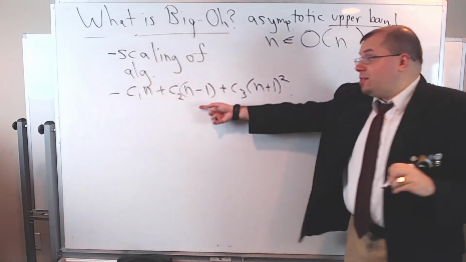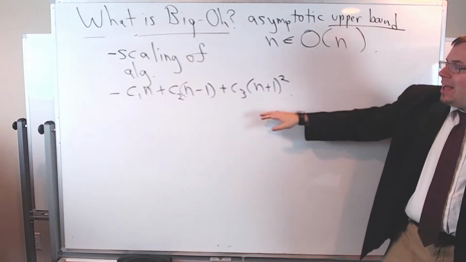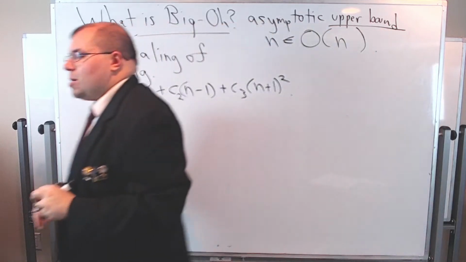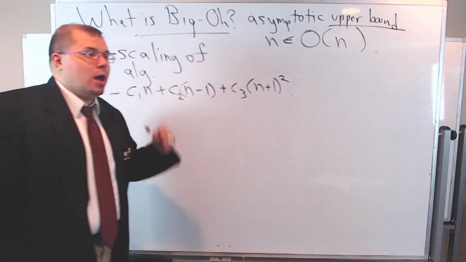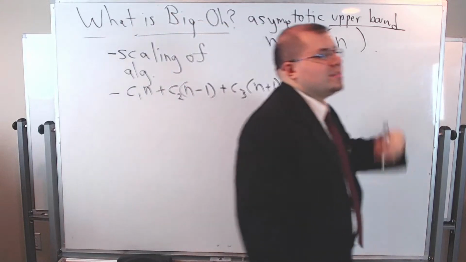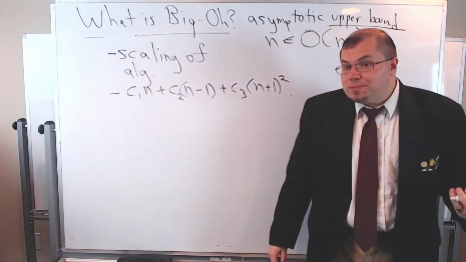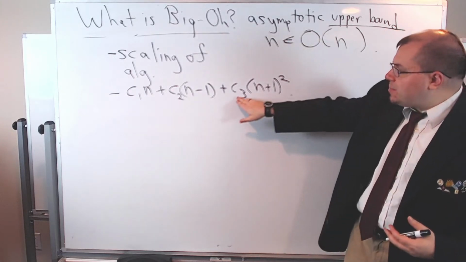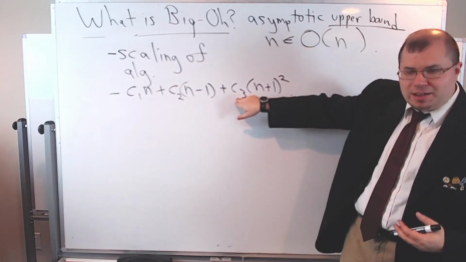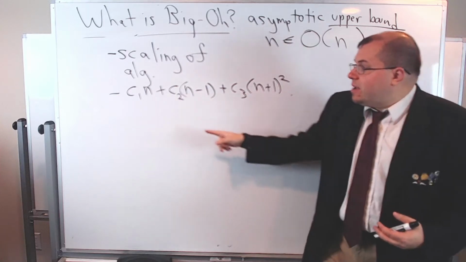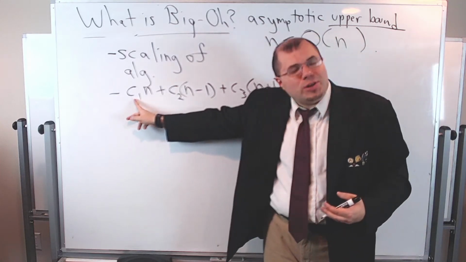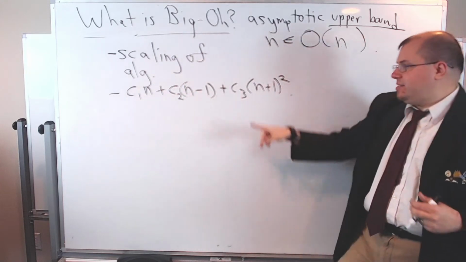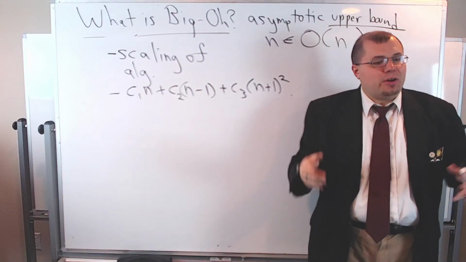What these constants represent are my primitive operations: how many CPU cycles on an actual computer, or possibly on your abstract machine for your analysis, how many steps that elementary operation will take. So c1, c2, and c3, for example, might be how long an assignment operation takes, how long a logical AND operation takes, or how long it takes to compare two numbers of fixed size.